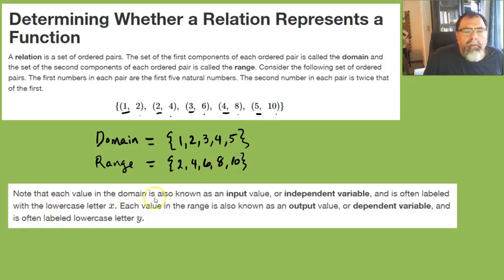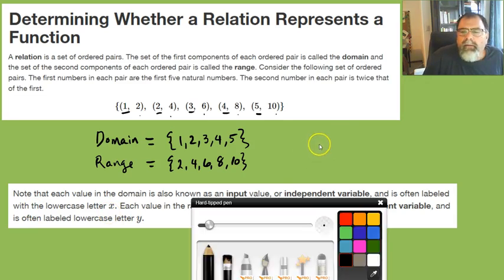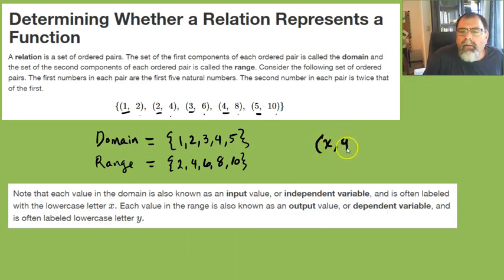Note that each value in the domain is also known as the input value. A lot of times we refer to the first member of the ordered pair, the x, as the input value or the independent variable. It's also labeled lowercase x because we think of ordered pairs in math as x, y.